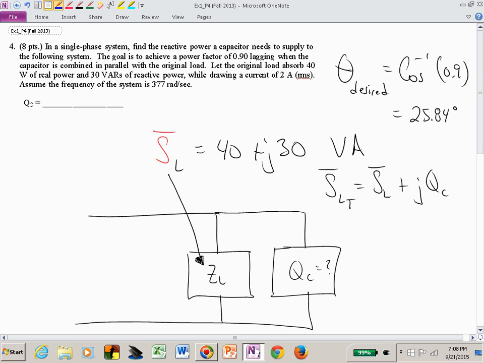Right? Because you're just trying to get rid of that reactive component of your power in the load. Questions on this?